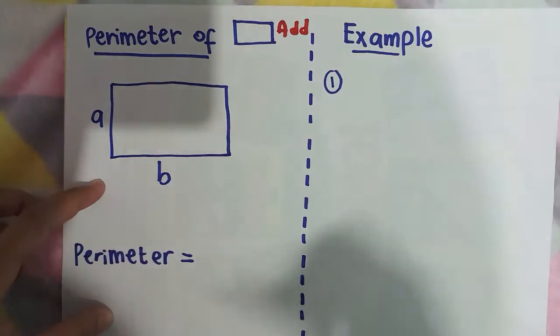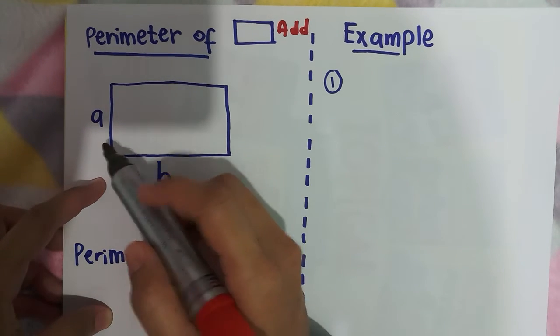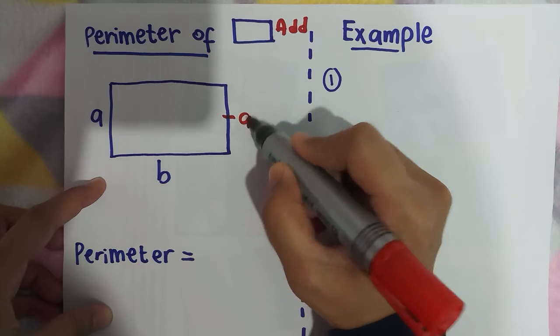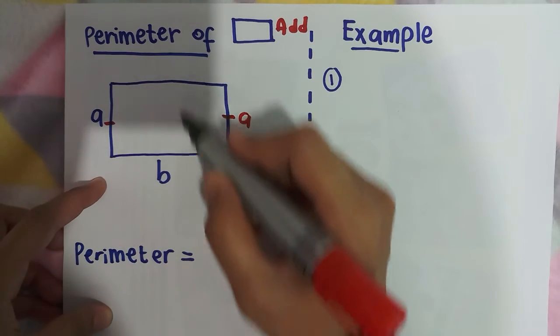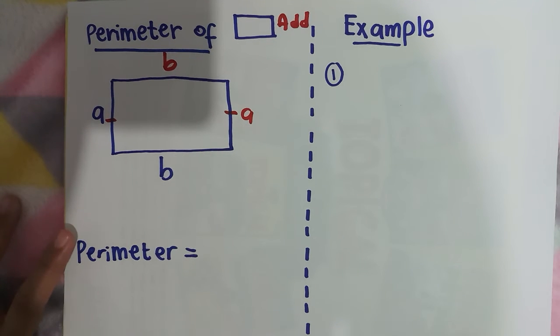For a rectangle we have two pairs of equal sides. If that is A, that one must be A as well. If that one is B, that one must be B as well. So for perimeter we add all sides.